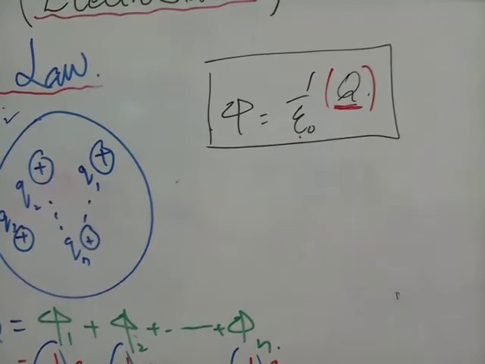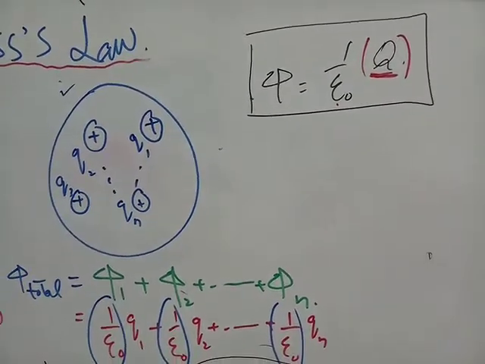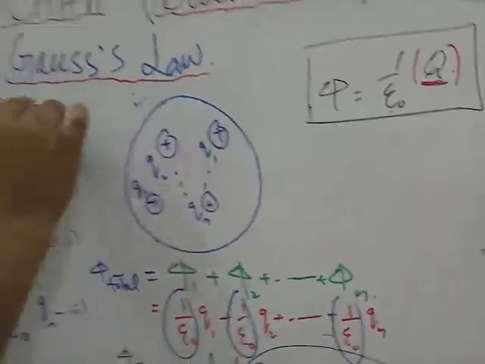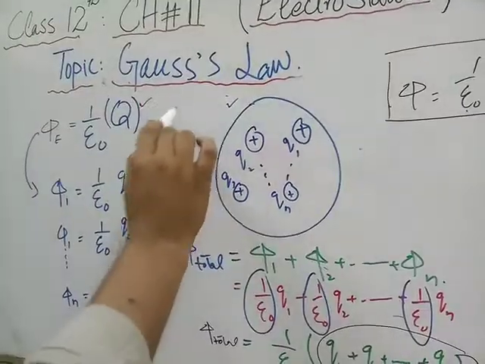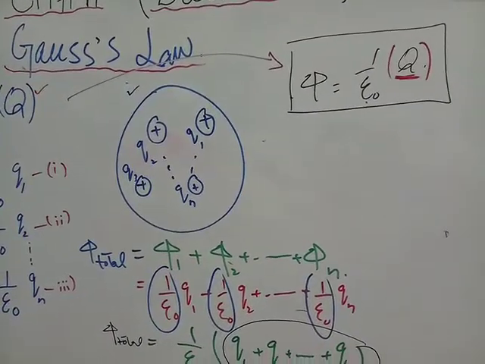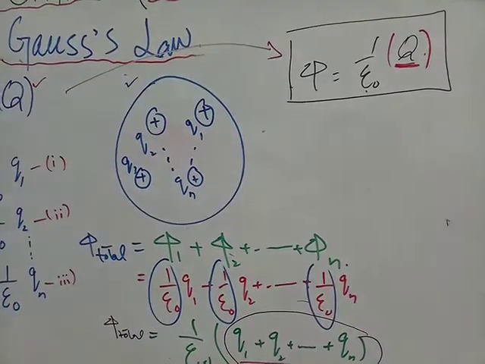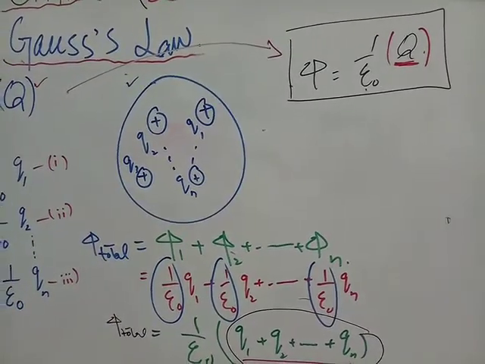In the previous topic we took small patches of area, and for that we calculated this value, and now we prove that the flux does not depend on the shape or geometry of the sphere or closed surface.